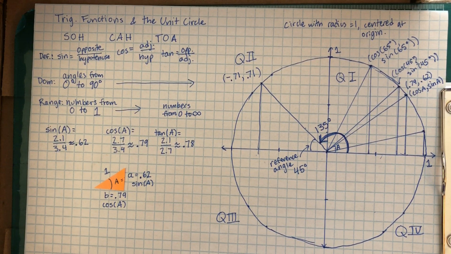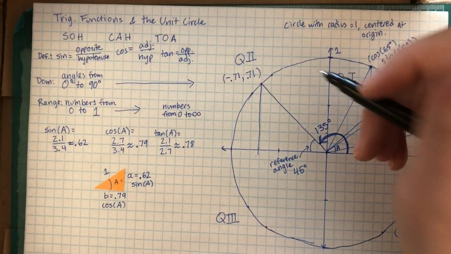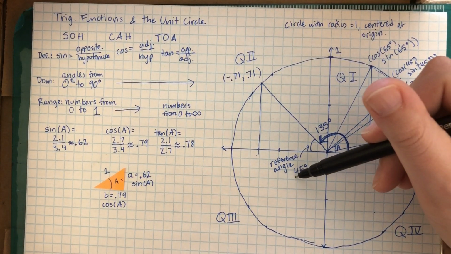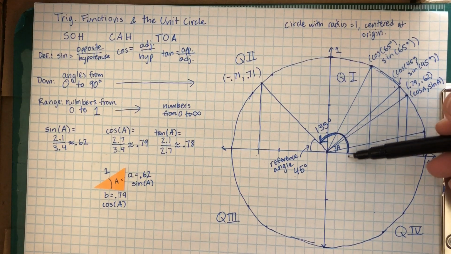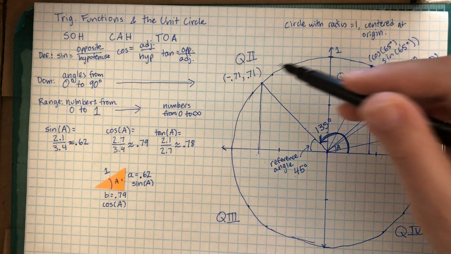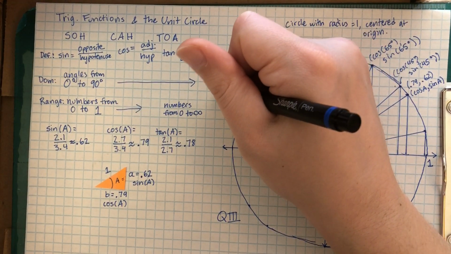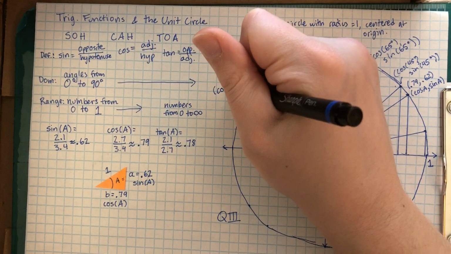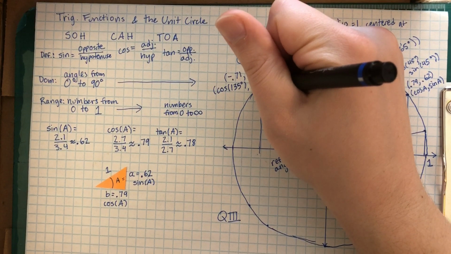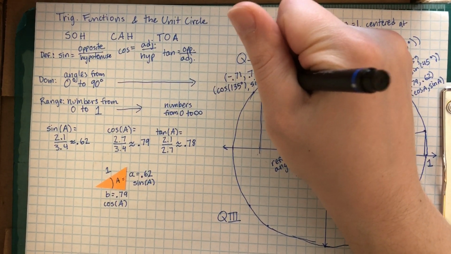But because we now have this entire circle to understand angles with instead of just right triangles, we can say that the coordinates of the point that go with this not 45 degree number, but 135, starting from the positive x-axis going counterclockwise, should be still the cosine of 135 and the sine of 135.